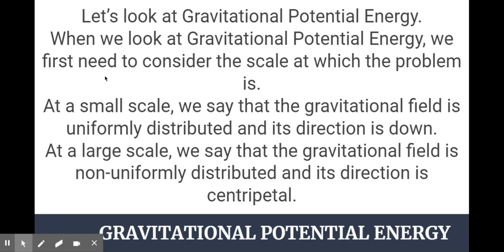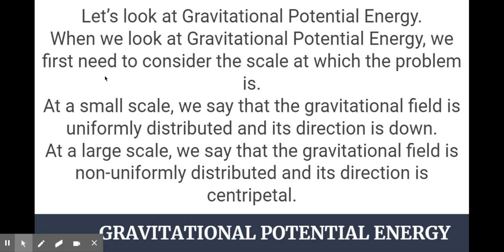Once we get to a large scale, where we can see the curve of the Earth, the gravitational field is very different at the surface compared to very, very high up. When we get to this large scale, our gravitational field isn't equally distributed. So we'd say that it has a non-uniformly distributed gravitational field. And we're not going to describe its direction as down.